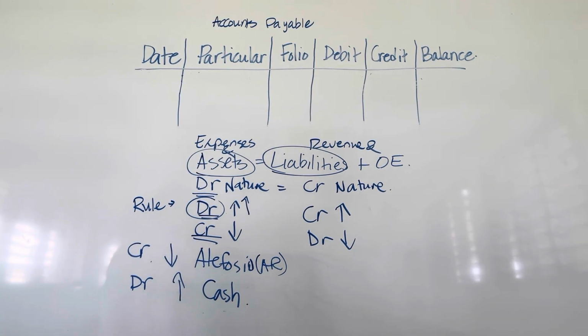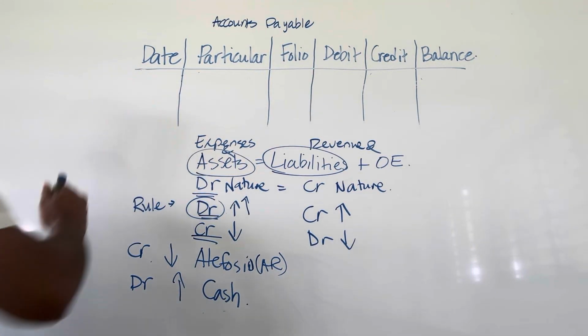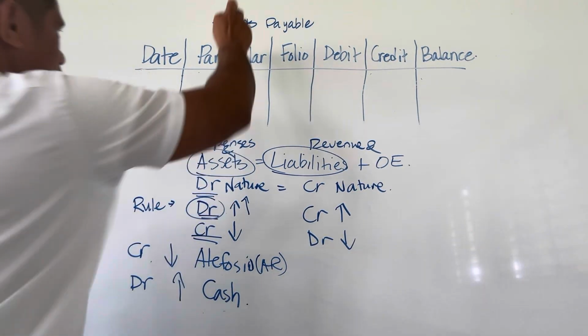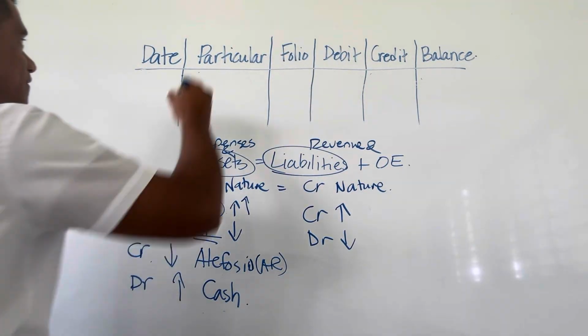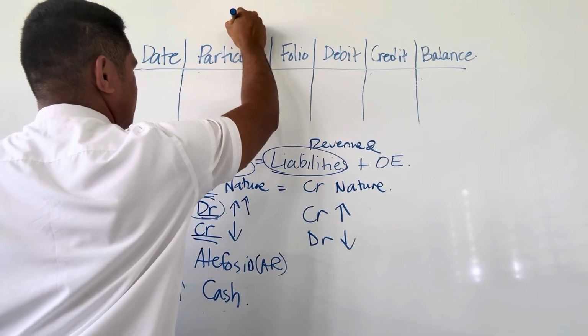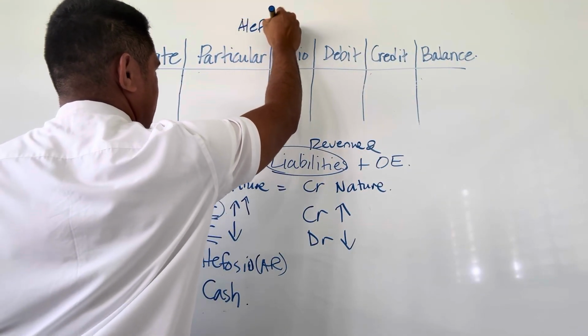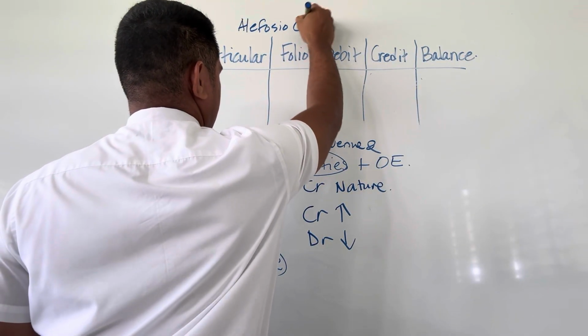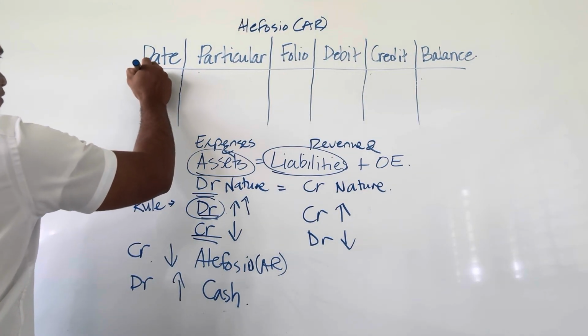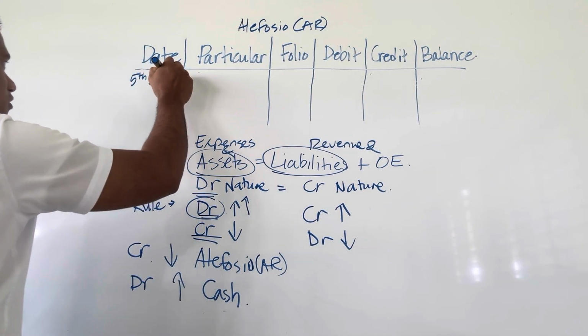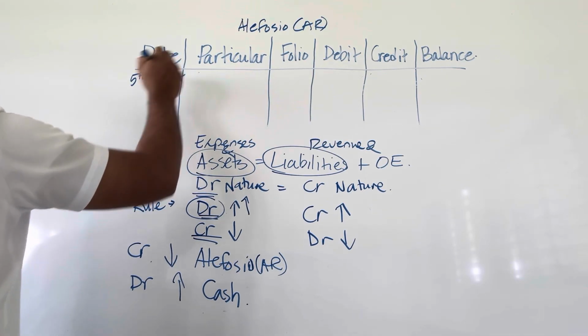Let's say this transaction happened on the 5th of July. After that, we have to prepare the ledger for Alifosio, the account receivable. The date is the 5th of July 2025.